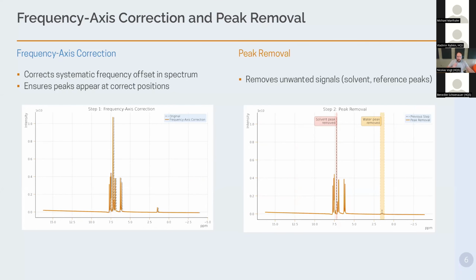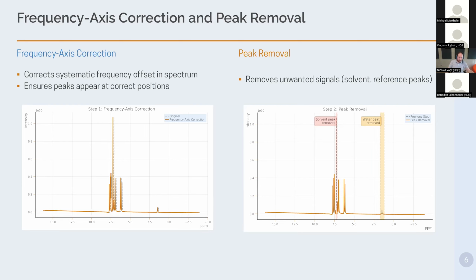All right, so first thing that you might need to do is the frequency axis correction. So what you can have is that the data that you read in, that's especially the case if you, for example, use a tool like Gibbon to read in data from just a graphical representation of PDF, you might be off a little bit with the frequency axis, but it can also happen with data in another format. You're just a bit off.